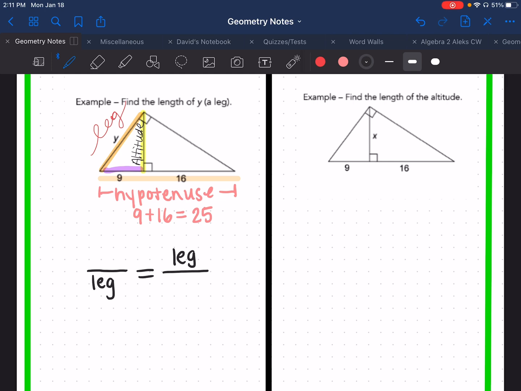No, you're going to put the whole hypotenuse. Right? And then you're going to put part of the hypotenuse next to the leg. Okay, that's how you're going to set it up.